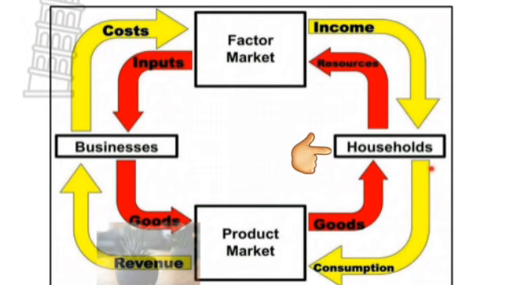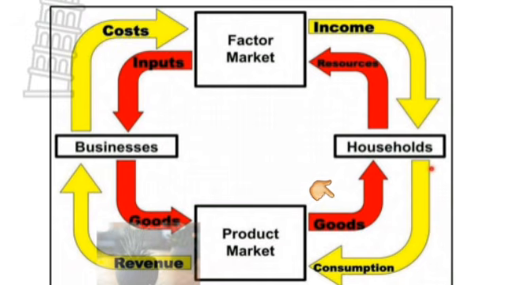The first participant is the household. When it comes to the household, we are talking about the consumers. We will talk about them in full, but just know that with households we are particularly talking about the consumers, the ones that buy, but also the ones that sell factors of production, because they are also our workers. The arrow that shows goods moves from product markets to them, because these people are our consumers.